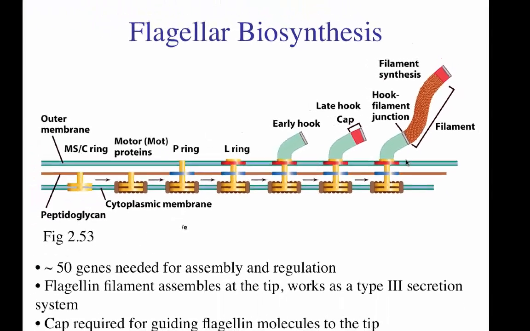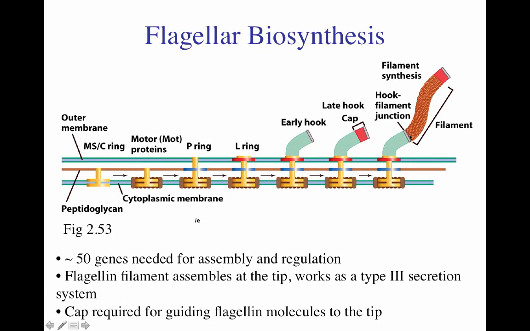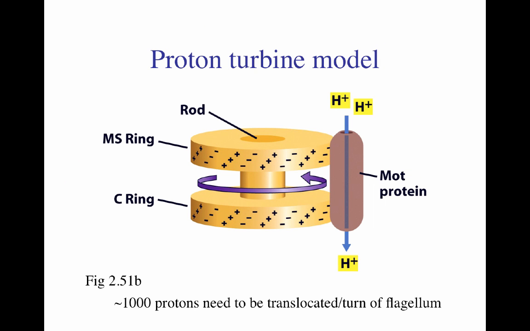So you get thousands of flagellin monomers being added as the filament grows. I have a movie that I'm going to upload later for you so you can see the idea of how the flagellar structure is made from inside the E. coli bacteria.